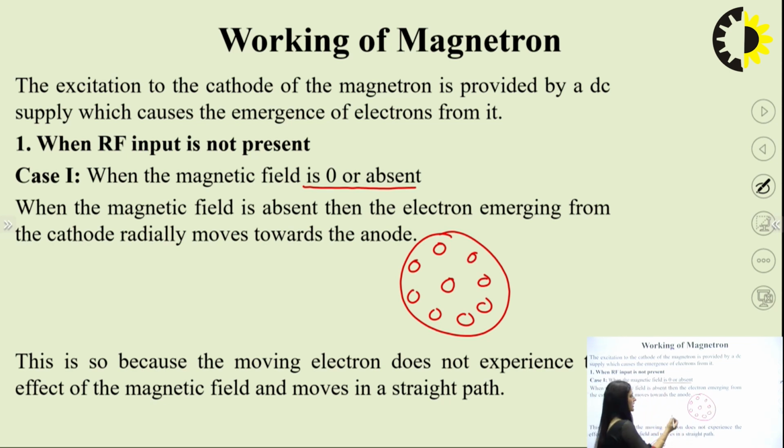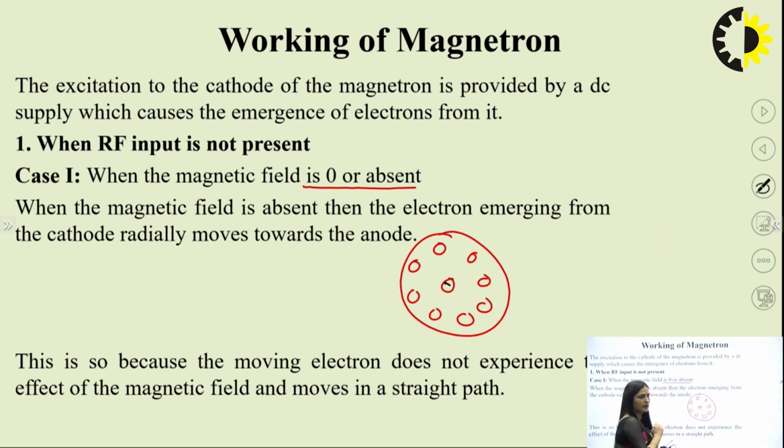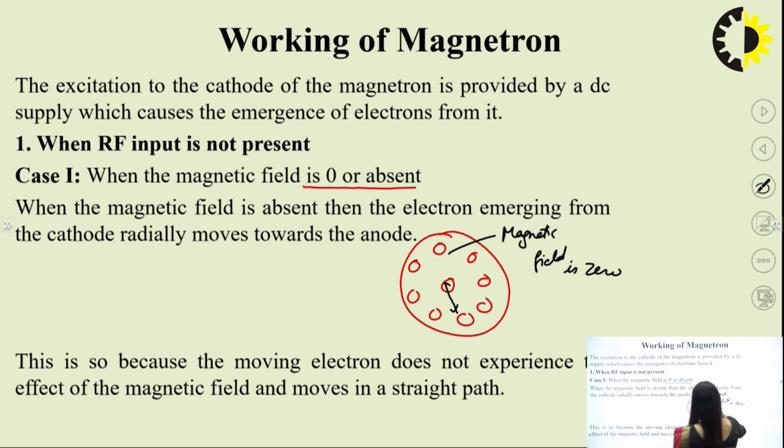If I say that electrons are emerging from the cathode, and the magnetic field is not present, magnetic field is 0, what will happen? This electron will start moving and it will go to the anode. There is a direct, straight path between the cathode and anode. This is so because the moving electron does not experience the effect of a magnetic field and moves in a straight path.